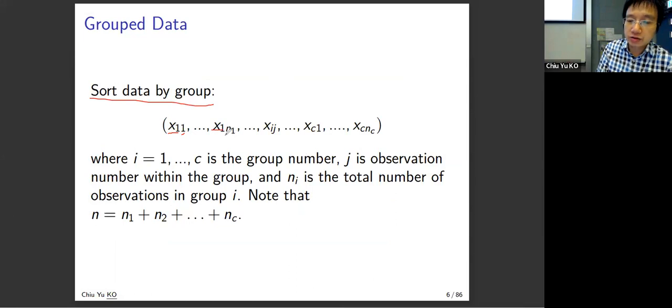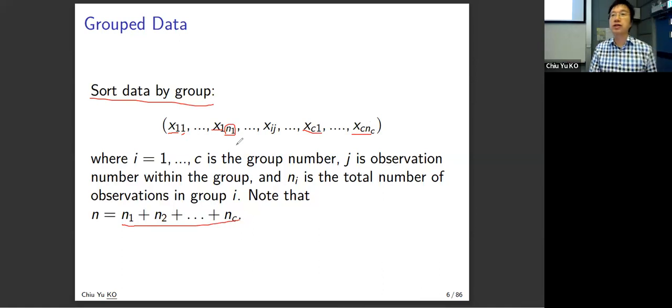How many observations are in group 1? N1. XC1 is the last group, first observation. XCNC is the last group, last observation. So this is N1 up to NC.